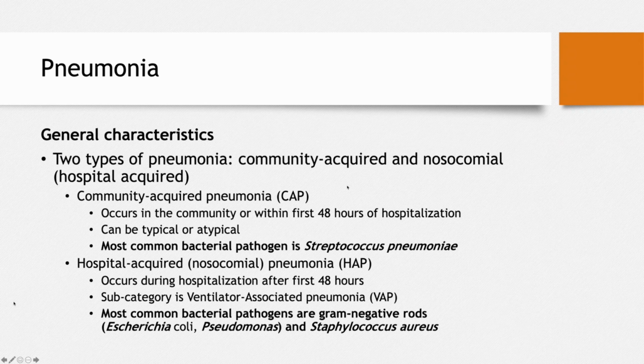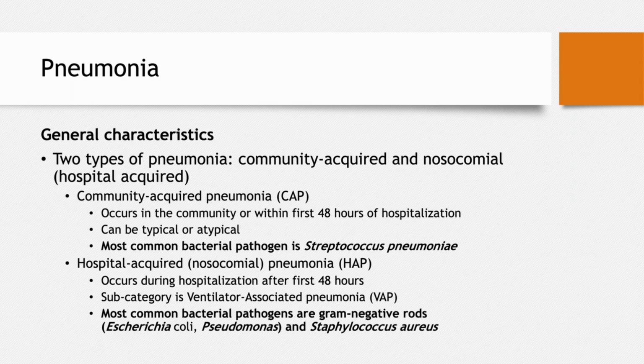It occurs in the community, and the technical definition is any pneumonia that is acquired within the community or within the first 48 hours of hospitalization, because after the first 48 hours of hospitalization it will be considered a hospital-acquired pneumonia.